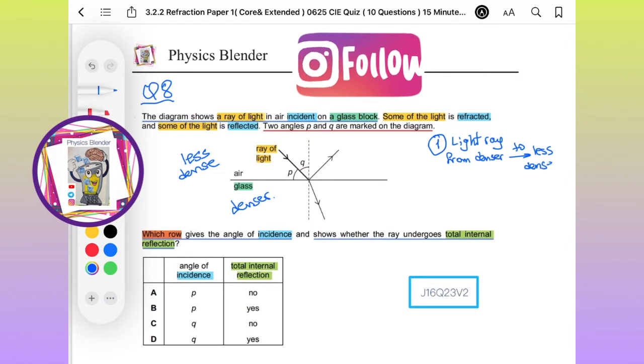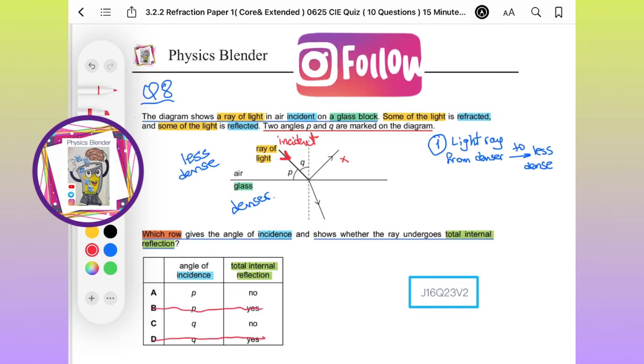Here the light ray is traveling from less dense to denser. If you follow the arrow, this is the incident light ray, passing from less dense to denser. So this is not total internal reflection. So you have to exclude this one and this one.